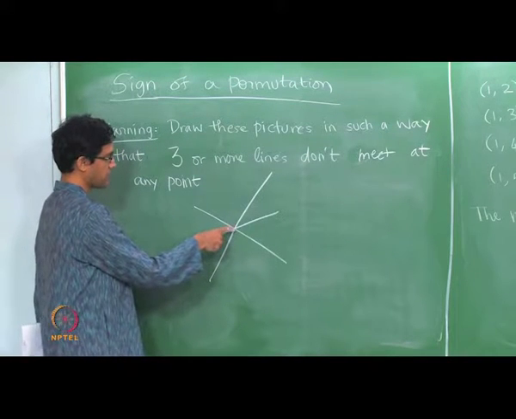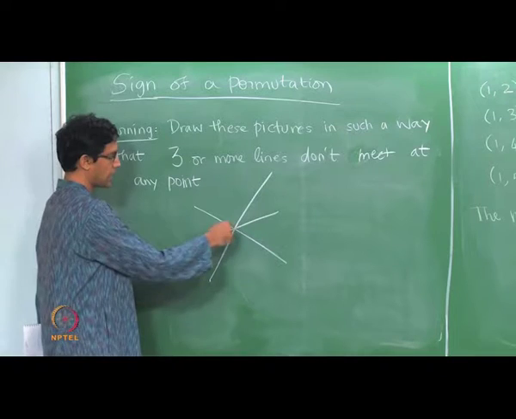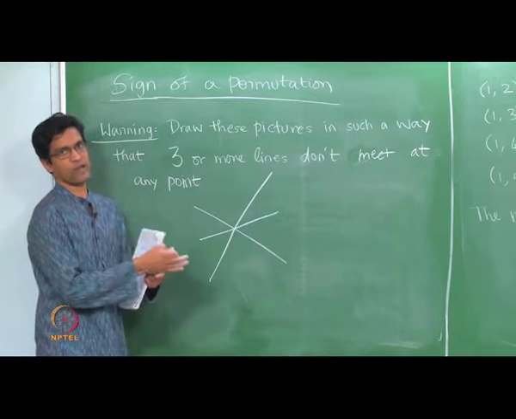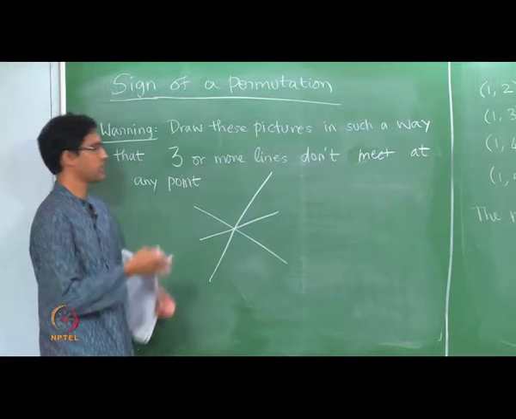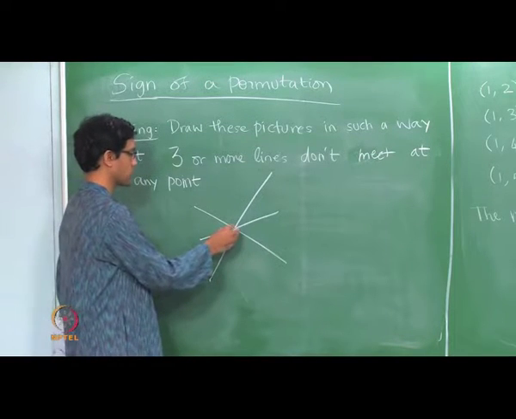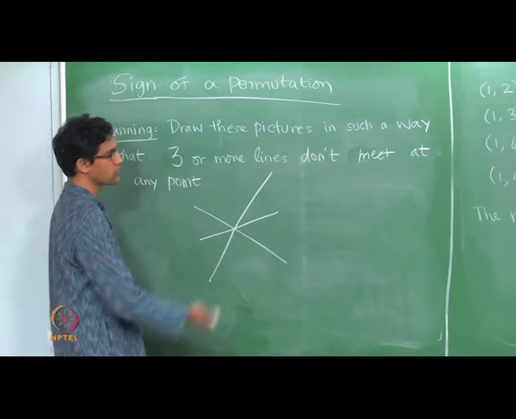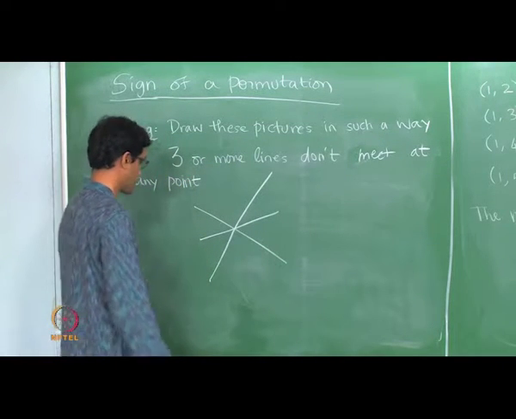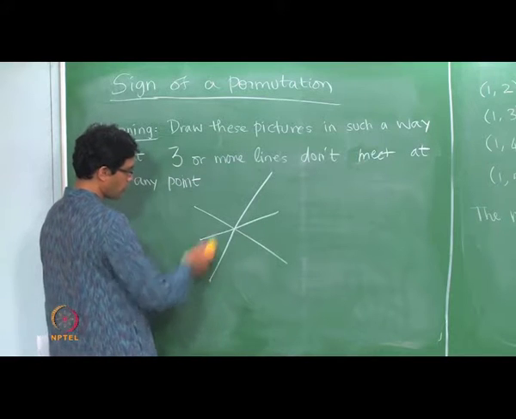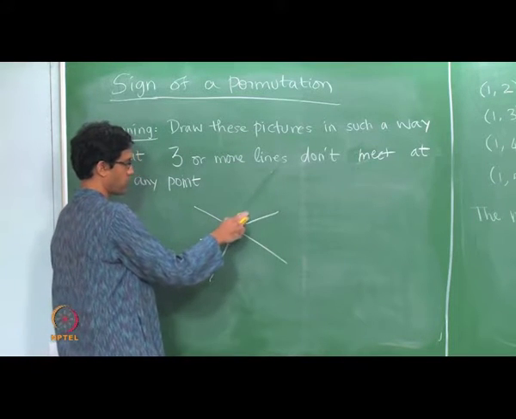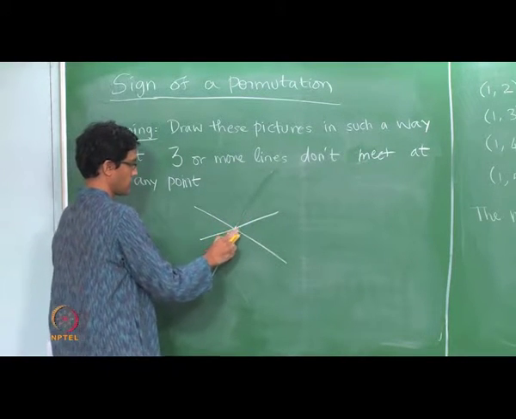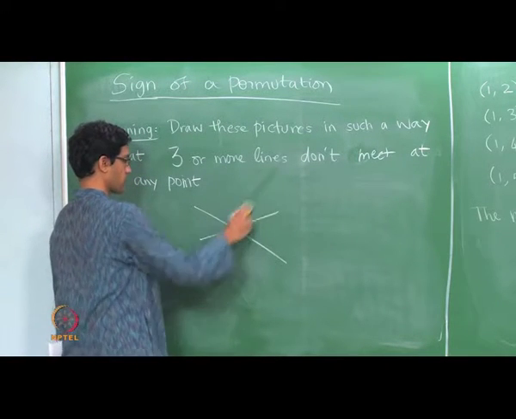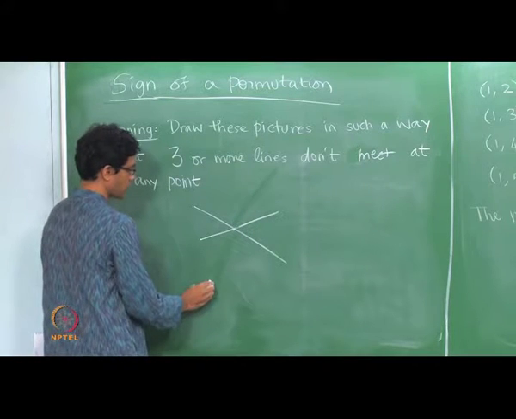So technically this point really counts as 3 crossings, since there are 3 pairs of lines which go transversely to each other. But if you just draw it as a single point, then it is not so easy to do the counting. So what one should do when faced with drawing such diagrams, and this is something I did while I drew the previous diagram, is to just make the lines go gently around.